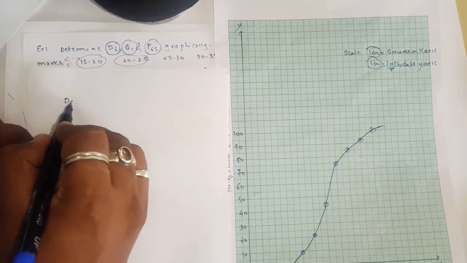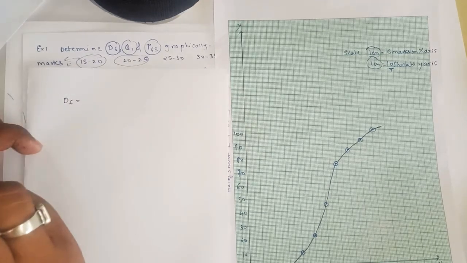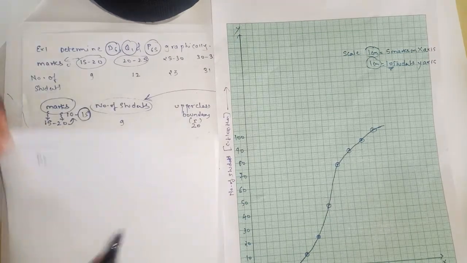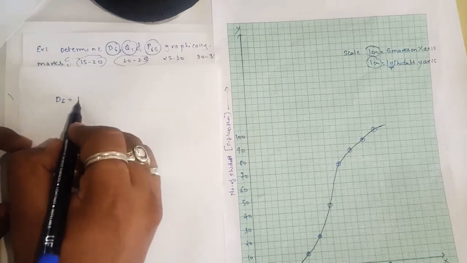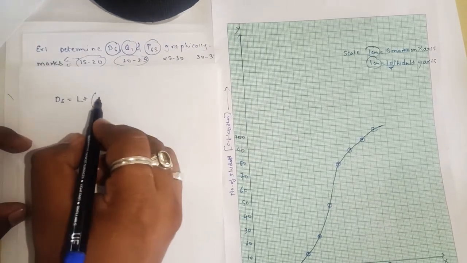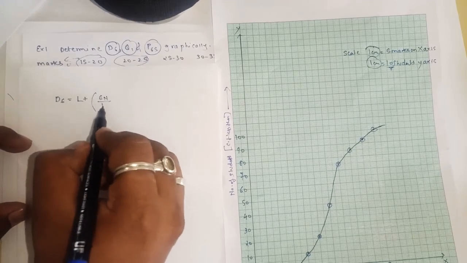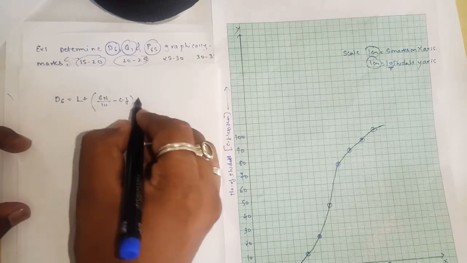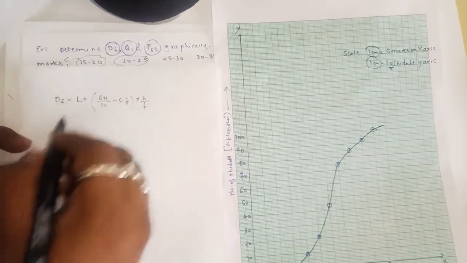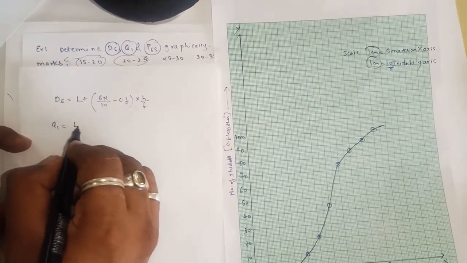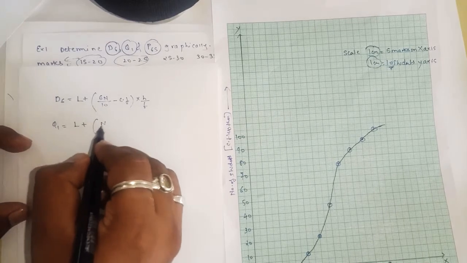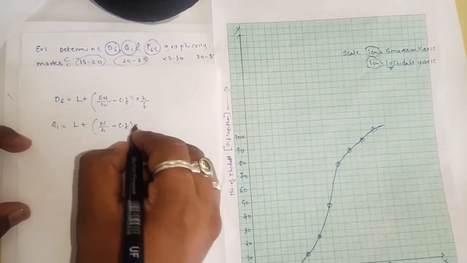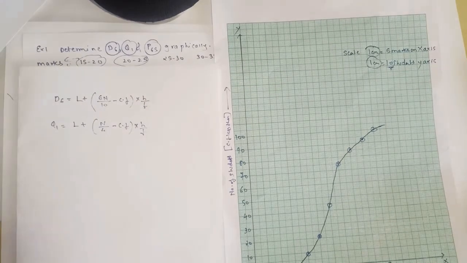As we know that for D6, whenever the class is continuous, we used to write the formula: L plus 6n upon 10, decile means 10, minus cf into h upon f, yes or no? If you want to find Q1, we used to write L plus n upon 4 because it is quartiles, minus cf into h upon f, yes or no?